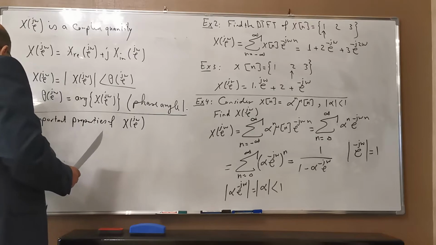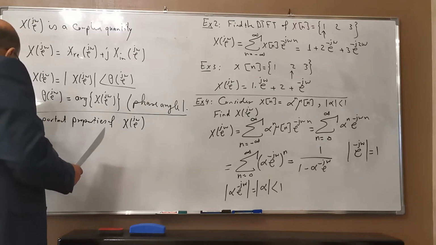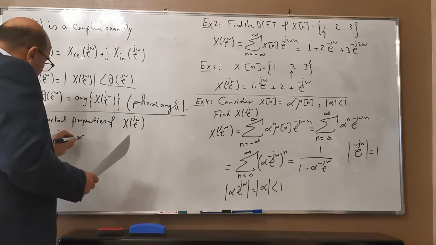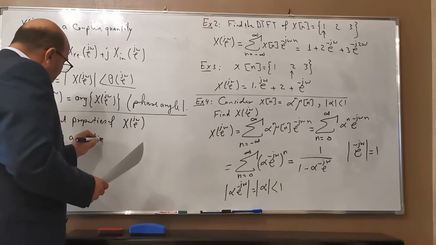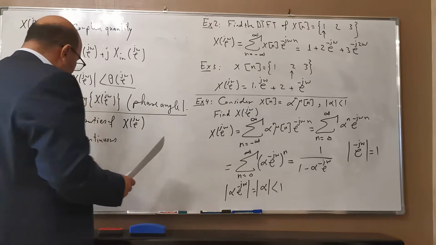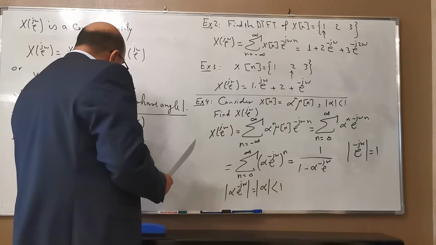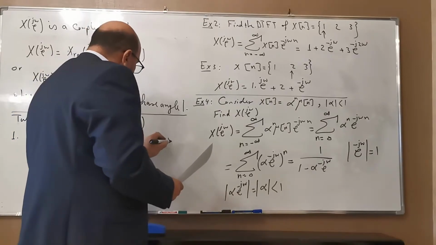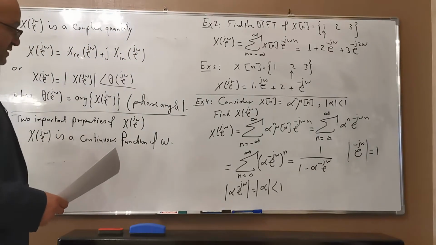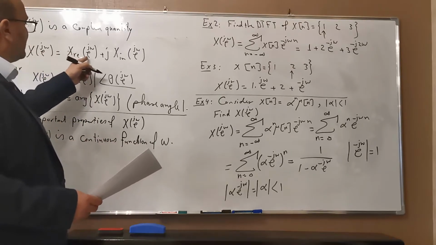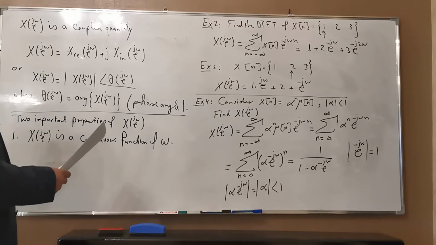So the first property is that X of e to the j omega is a continuous function of omega. Although x of n is discrete, the function that we get, X of e to the j omega, has a real part and imaginary part, and it's a continuous function.